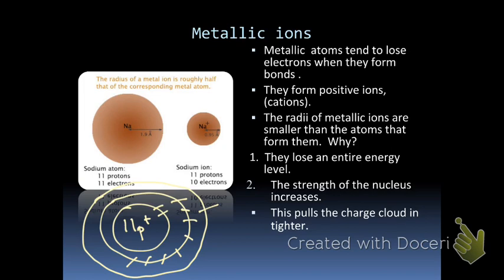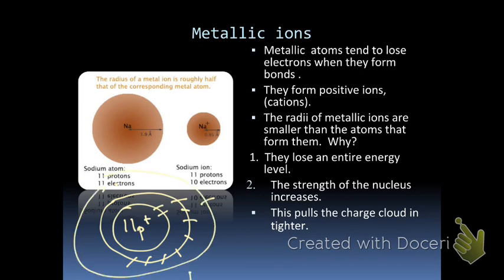So this is Na, and Na plus 1 is a removal of the electron. Now you have 11 protons, and instead of 1 electron in the third energy level, you now have 2 energy levels, so it gets smaller. So anytime you have a positive charge, you have a smaller radius. Positive charge equals a smaller radius.